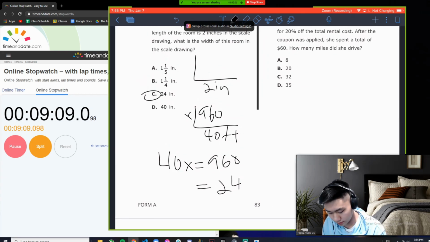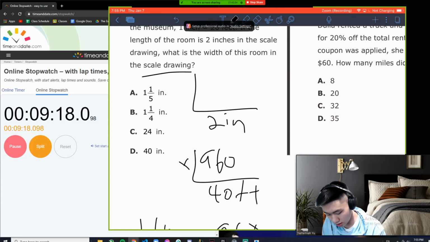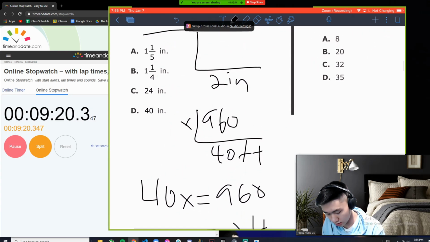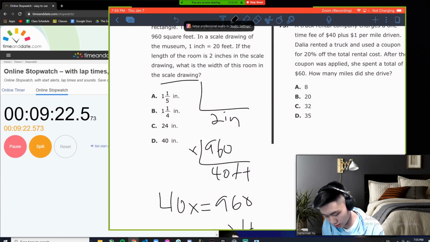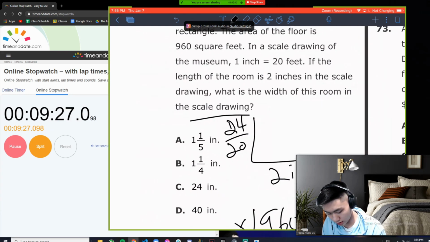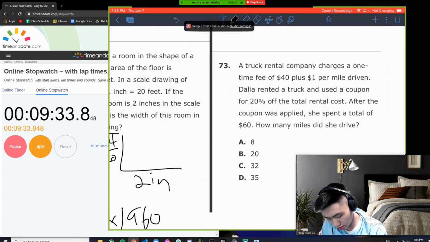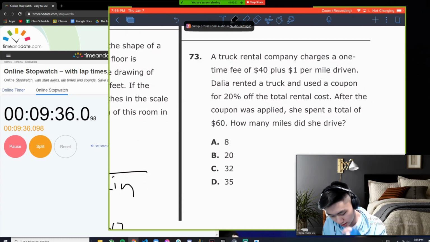And then, oh wait, but it asks for it in the drawing. So you just do 24 over 20. But yeah, it's simple mistakes like that why the test might be hard. Make sure you read the question if you have time. I'm just trying to do it super duper fast.